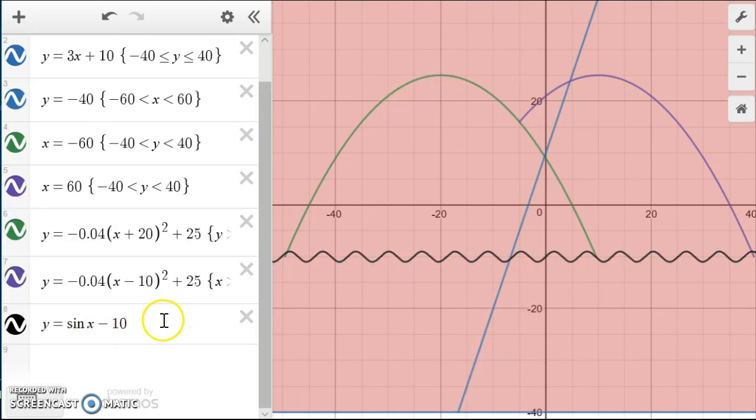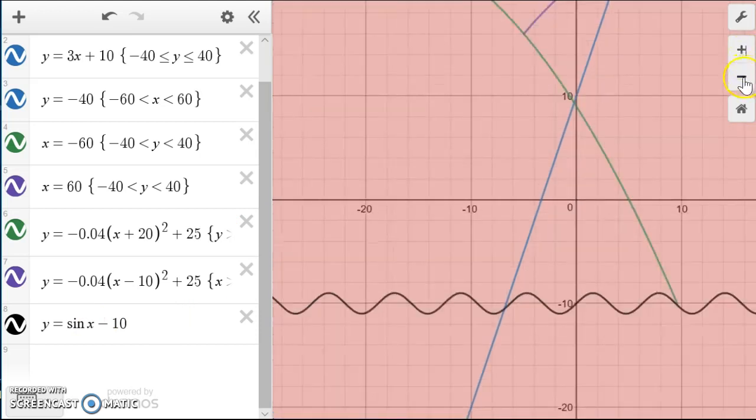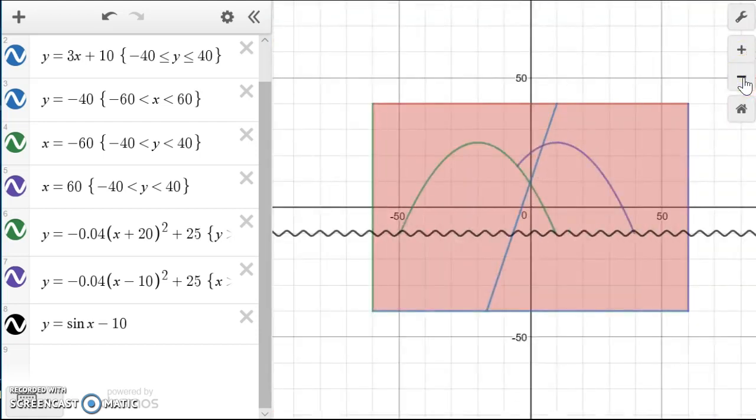Okay, and I forgot to put in the constraint. So we can do the same thing as we did just now, so that we can truncate the waves where we don't want them. Do you remember this is 60? X has a minimum value of negative 60 and a maximum value of 60.